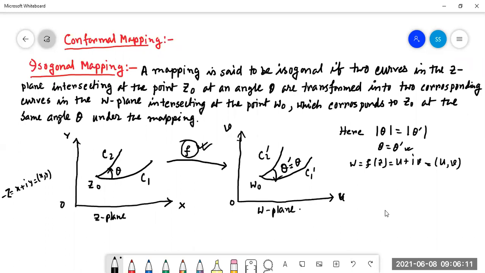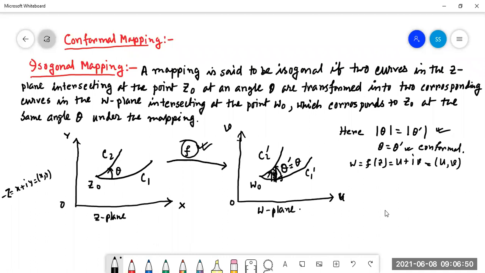In case of isogonal, the sense is not required to be equal, only the magnitude of theta equal to magnitude of theta dash. If theta equal to theta dash, that means magnitude as well as sense are equal. Here the sense is c1 to c2, and here c1 dash to c2 dash, then this mapping is called conformal.